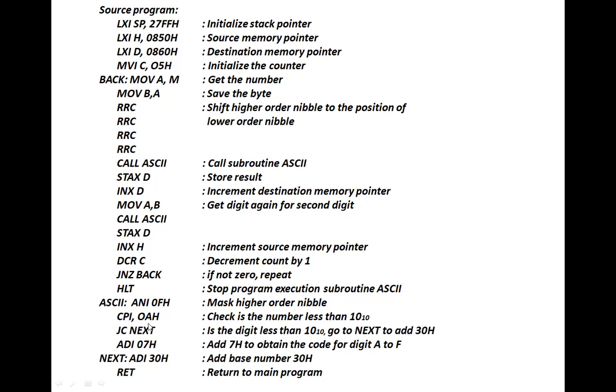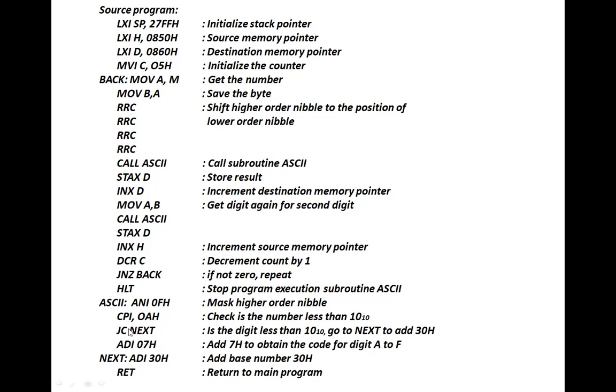If the number which is available in the lower order nibble is more than 9, then carry will not be generated. But if the number in the accumulator, which is the lower order nibble, is less than 10, then the carry will be generated. So when the carry is generated, it means the number is between 0 to 9, because we are comparing with 10 and carry is generated. It means the number is lying between 0 to 9.